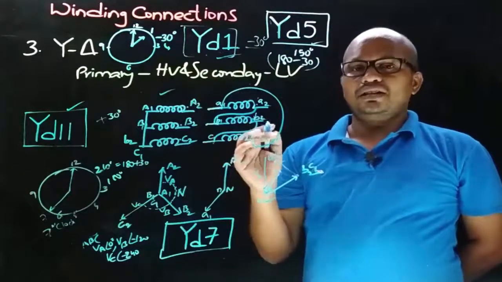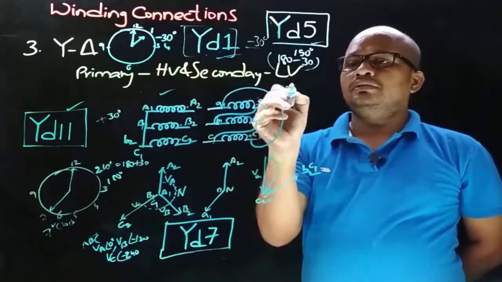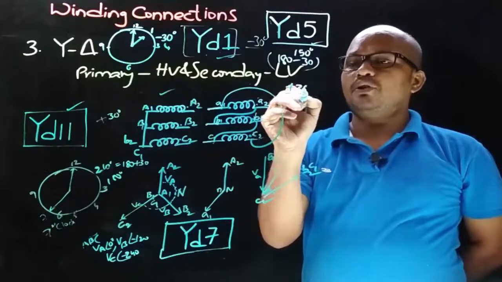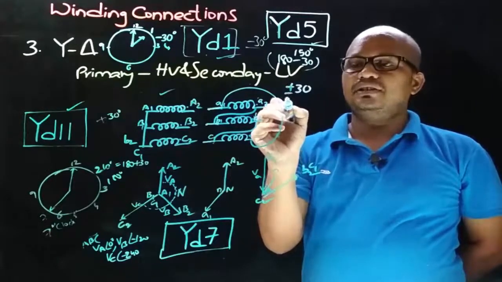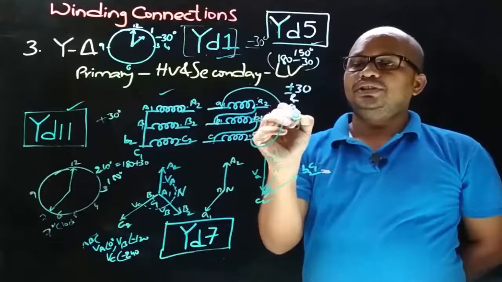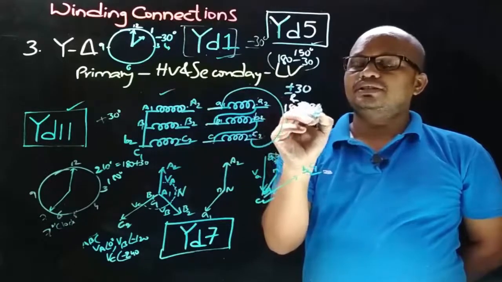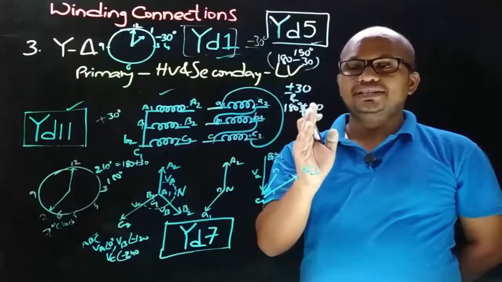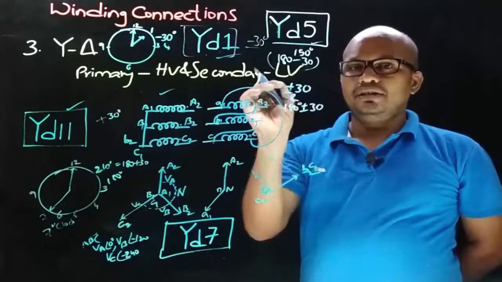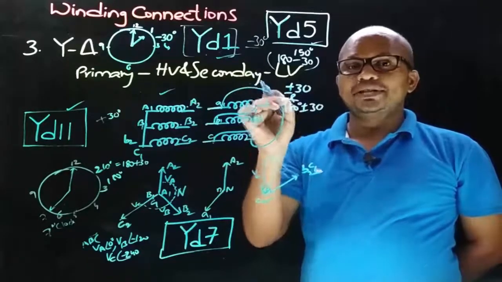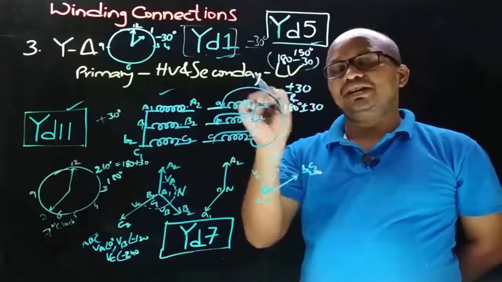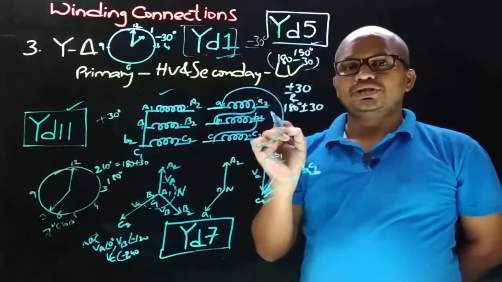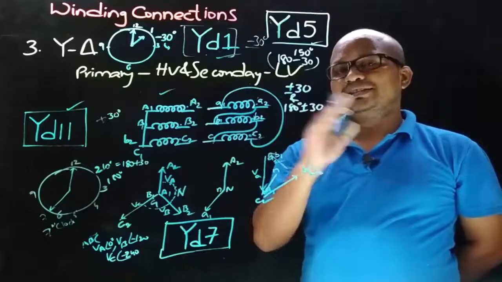So with star-delta connections, we obtain a phase displacement of plus or minus 30 degrees and 180 degrees plus or minus 30 degrees. This phase displacement always indicates the LV side phase-to-neutral voltage displacement with respect to the HV side phase-to-neutral voltage, irrespective of what is primary and secondary.